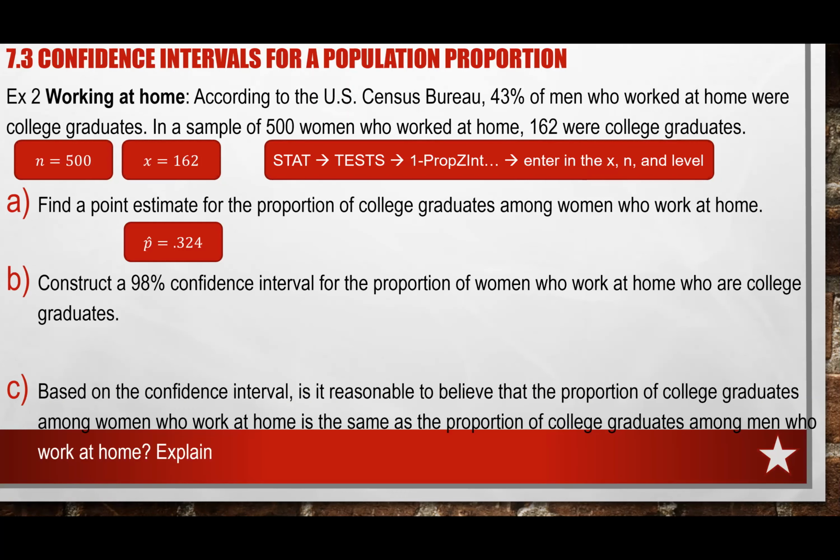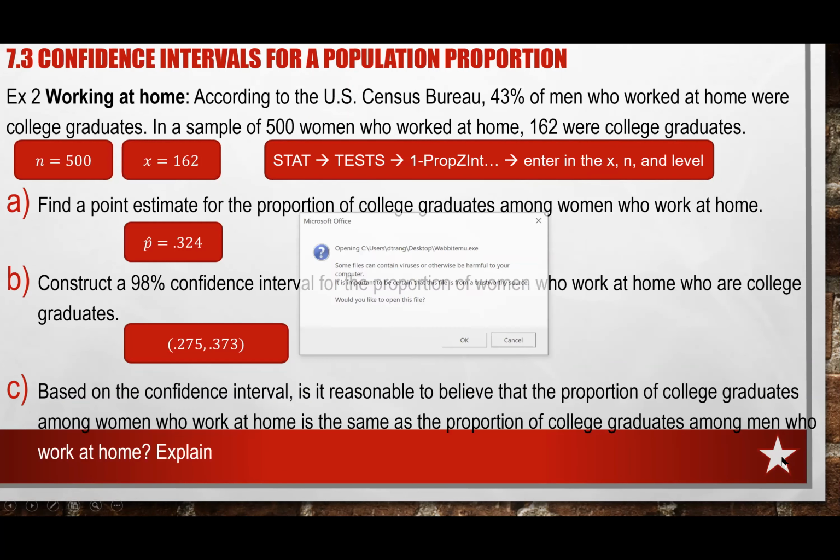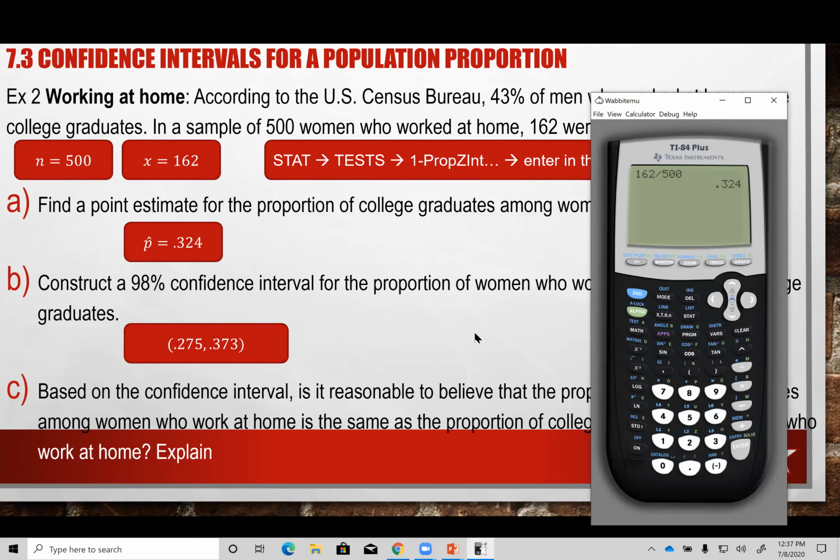It is the same answer from the calculator. The question now is how to type in your data, how to extract your information, and use it to find the answer here.